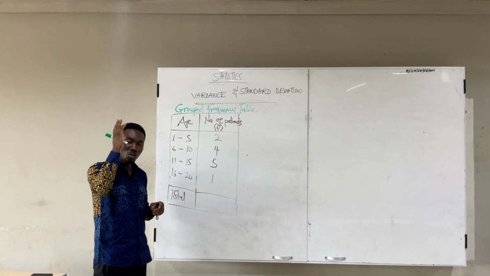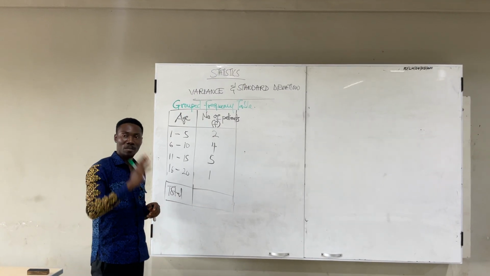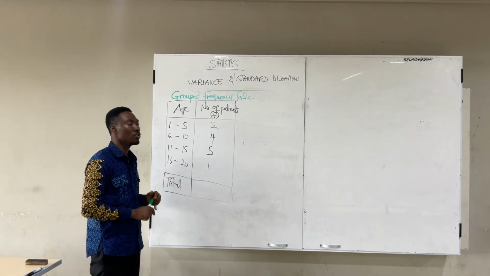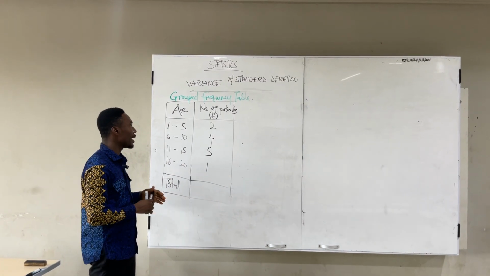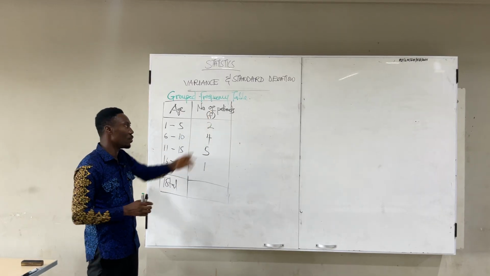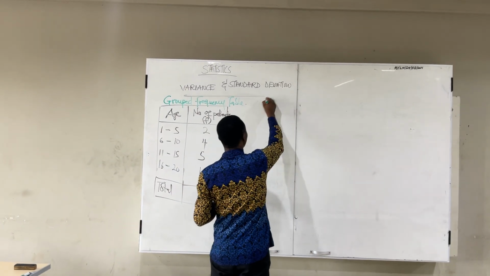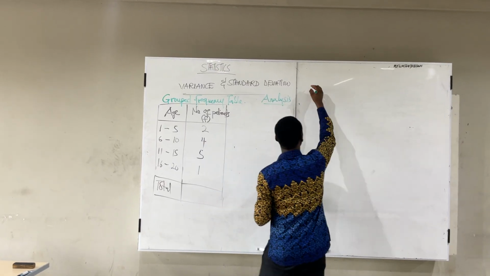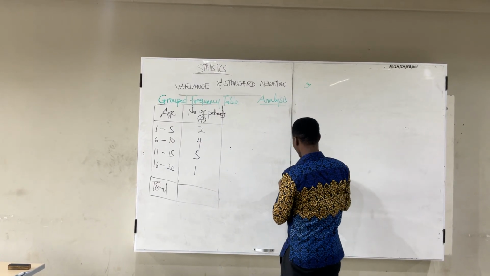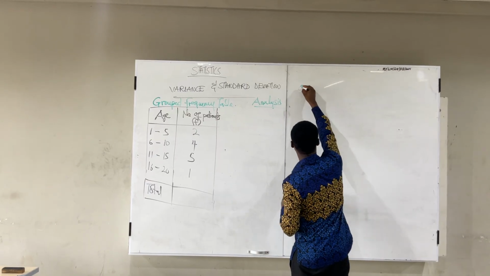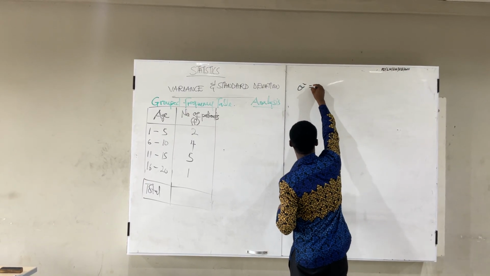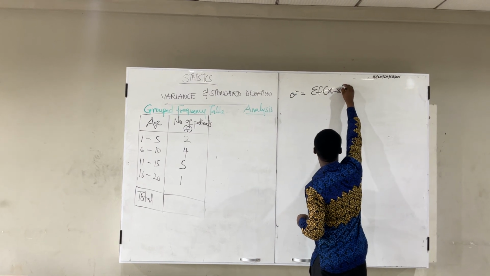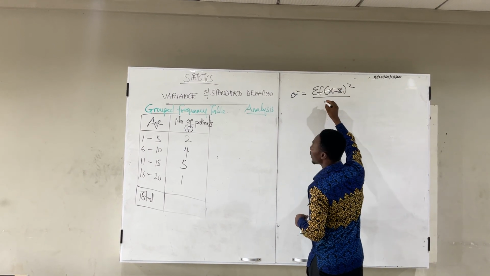Now, the moment you are asked to calculate variance and standard deviation in a typical statistics question, the first thing you do is write down the formula. So the variance formula is equal to the sum of f into bracket x minus the mean squared, all over sum of f.